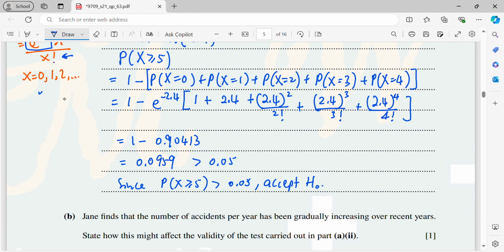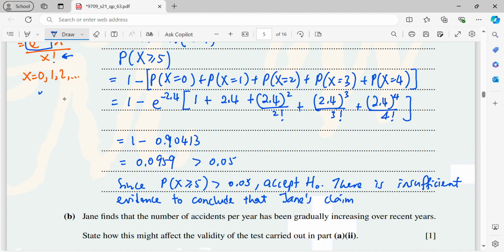So since we accept the H naught, there is insufficient evidence to conclude Jane's claim is justified, because we cannot accept her claim. Okay, so done for this calculation.